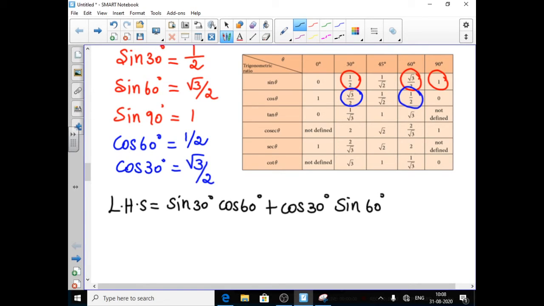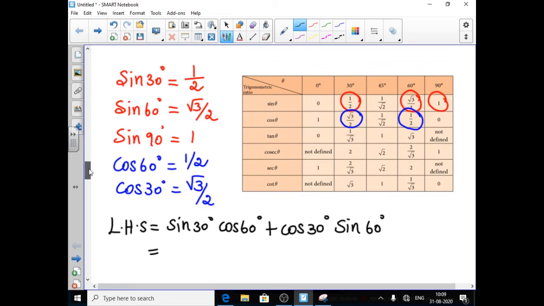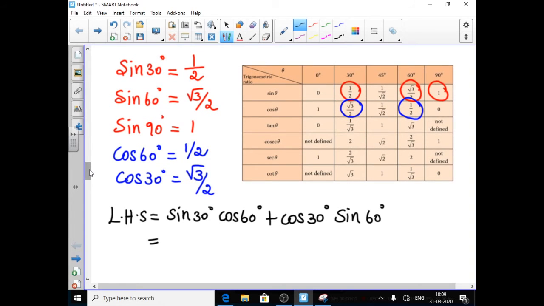Okay, so sine 30 degree is 1 by 2, and cos 60 is 1 by 2.